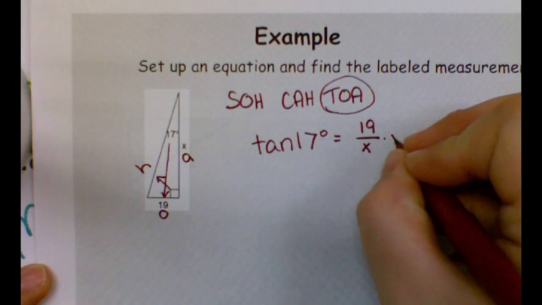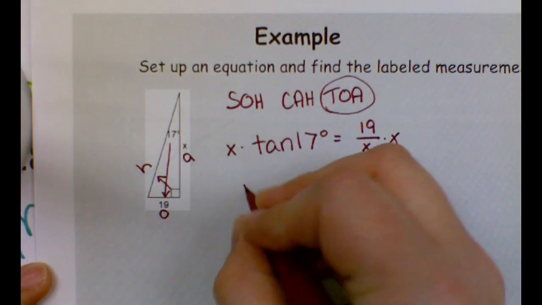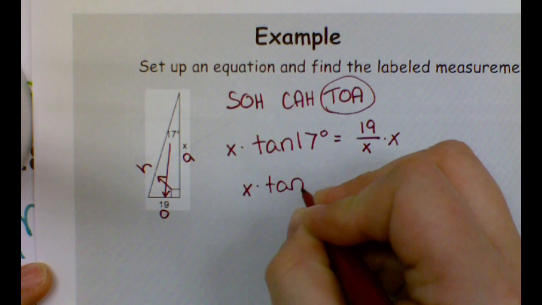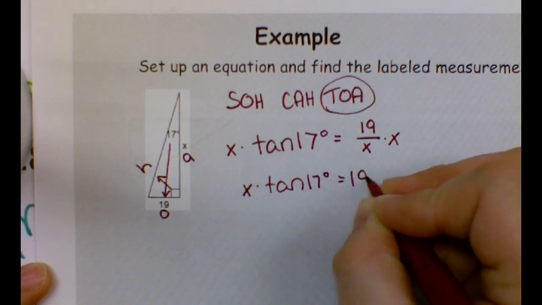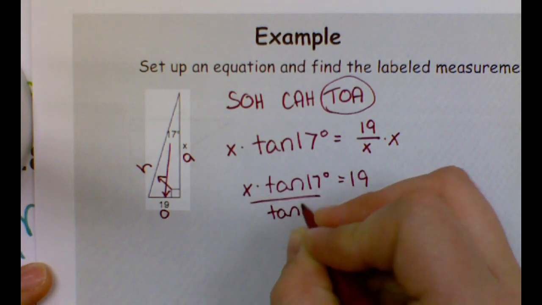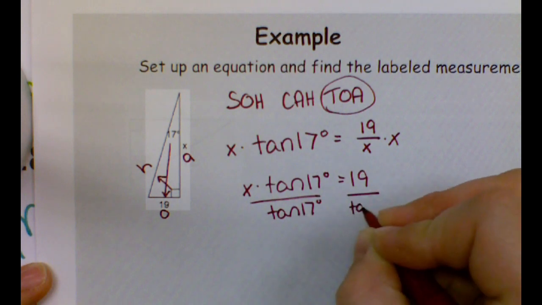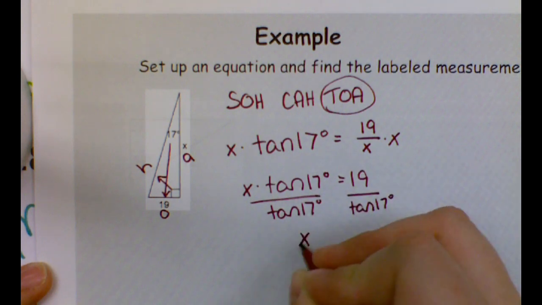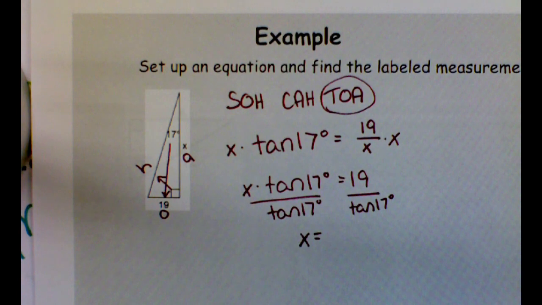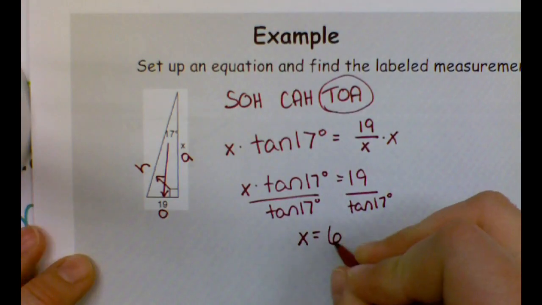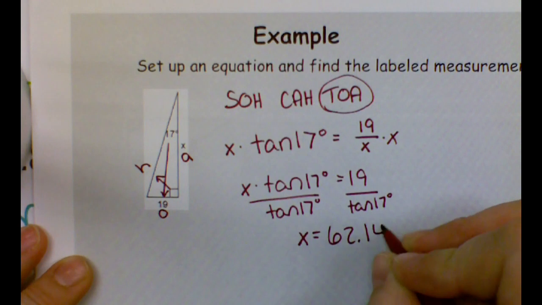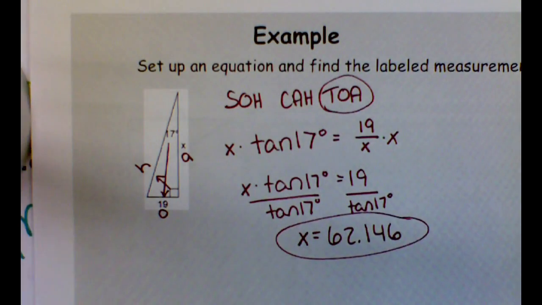Again, this is a two-step problem. I multiply the x over, and then I divide both sides by the tangent of 17 degrees. Type that in my calculator. 19 divided by the tangent of 17 is 62.146. There we go.